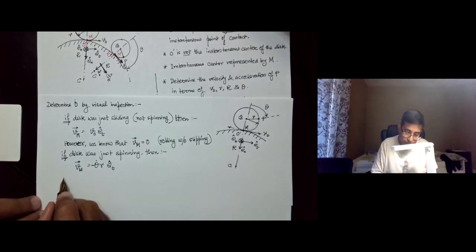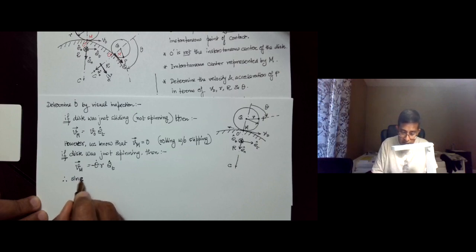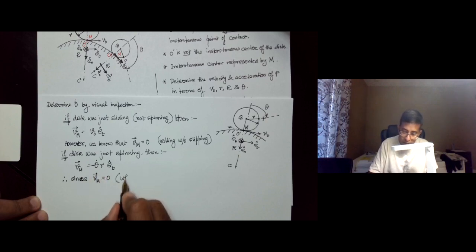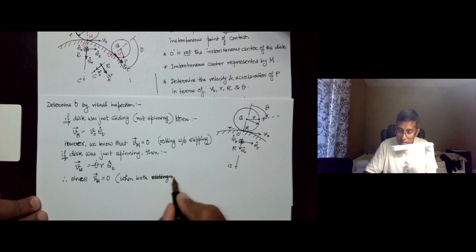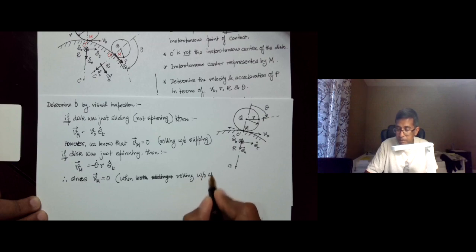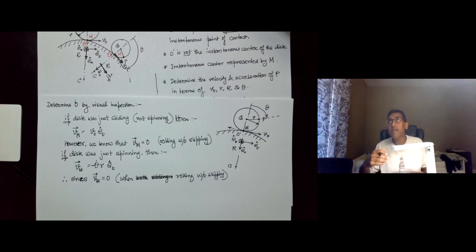So therefore, since Vm is equal to 0 when rolling without slipping, we can say that rolling without slipping is a combination of slipping and spinning.